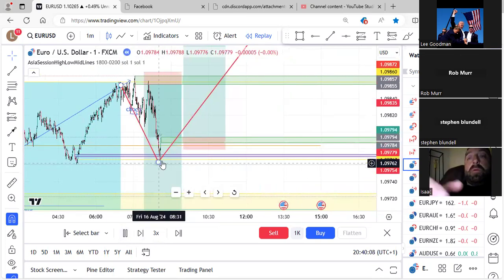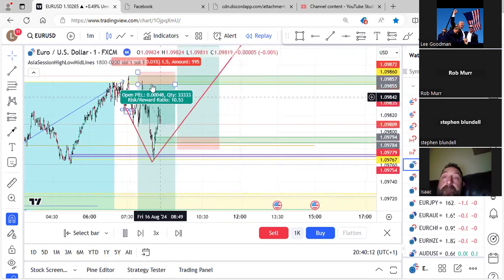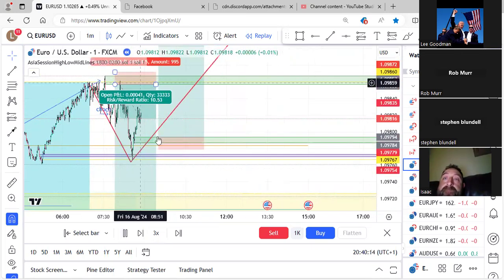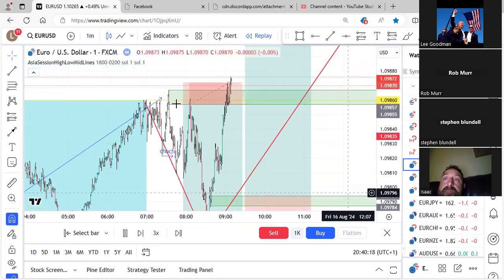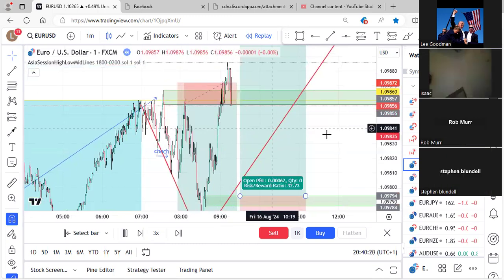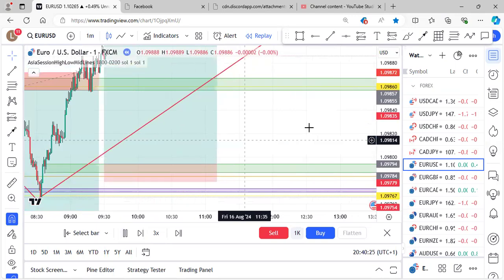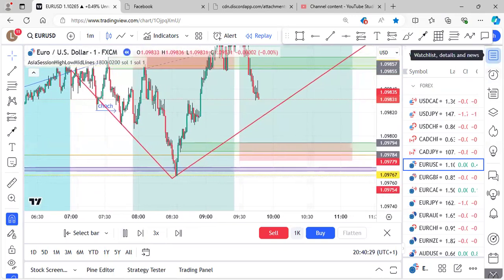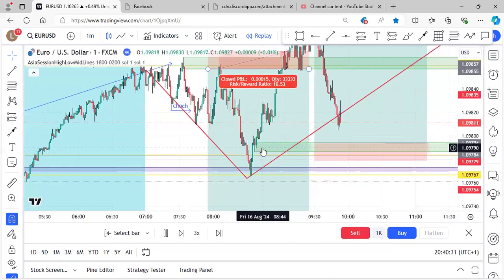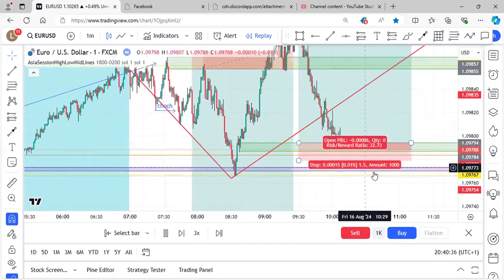So obviously it fills these two imbalances, imbalance and BPR, breaks the 1 minute shift, which is up here. There's your shift above here. And then it comes down to this imbalance fill down here, which was that imbalance fill just under these little candles, a bit of liquidity.